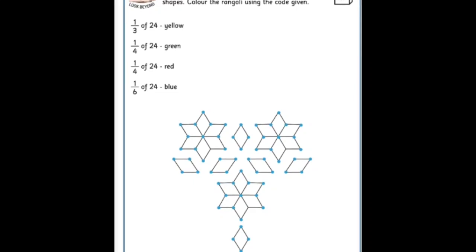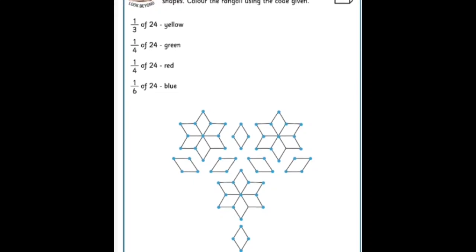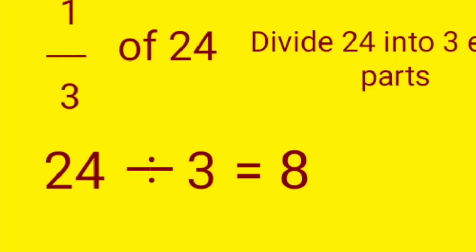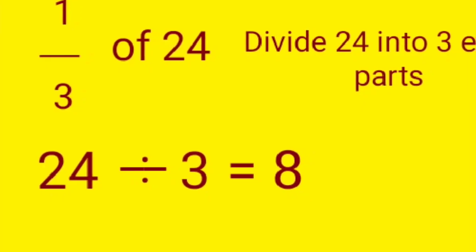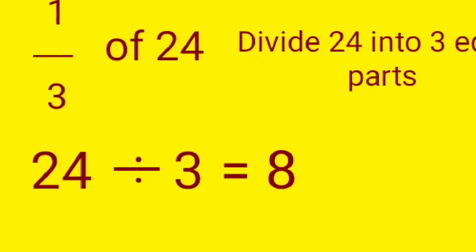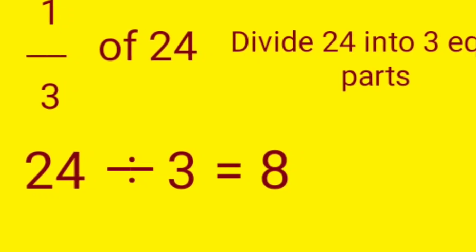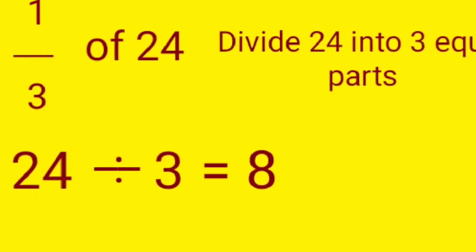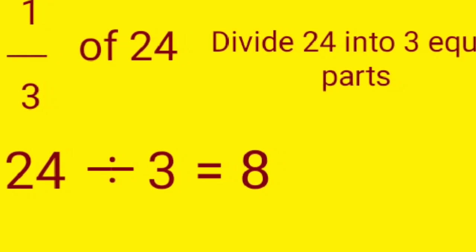To find 1/3 of 24, divide 24 into 3 equal parts, that is 24 divided by 3. We know that 24 divided by 3 is 8. So you have to color 8 shapes as yellow.